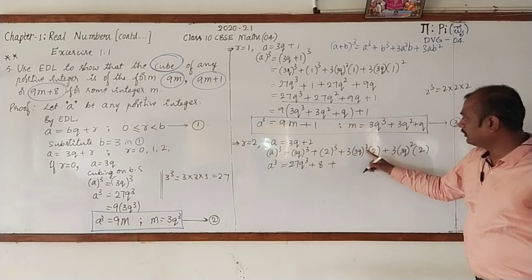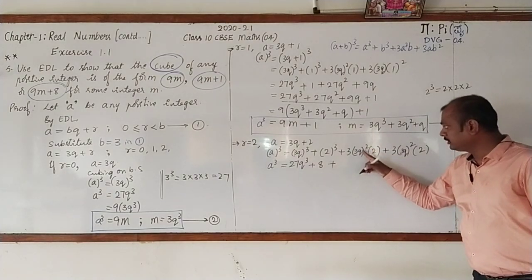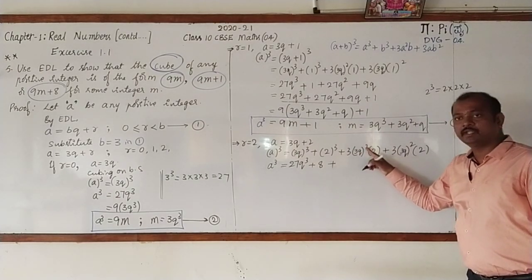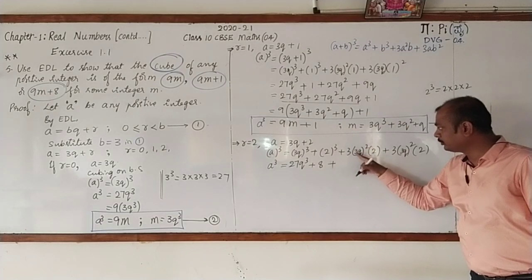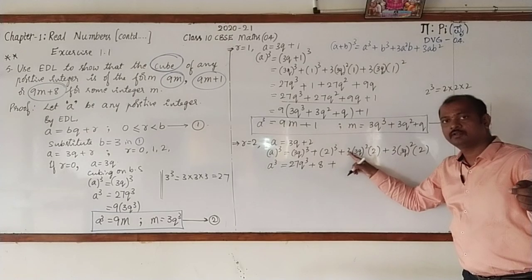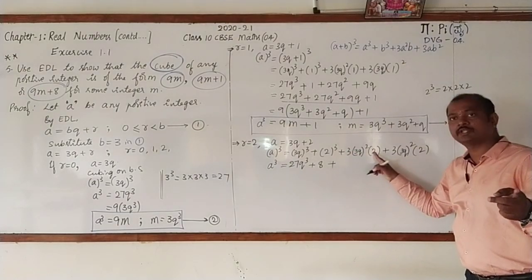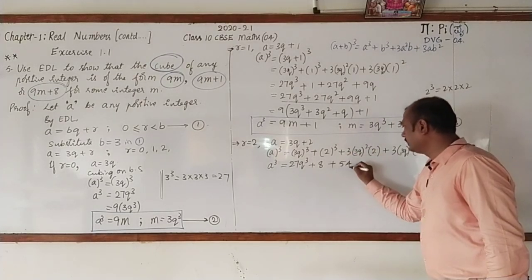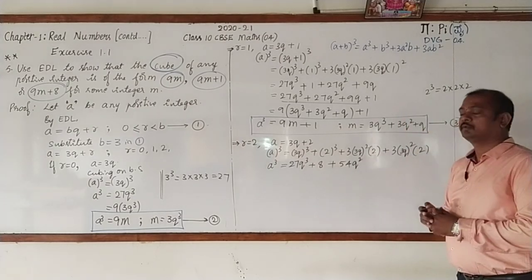Plus, now it's very important. First, you go for applying square. Square to both. What is 3 square? Very good. 9. 9 3s are 27. 27 2s are 54. Then q square.